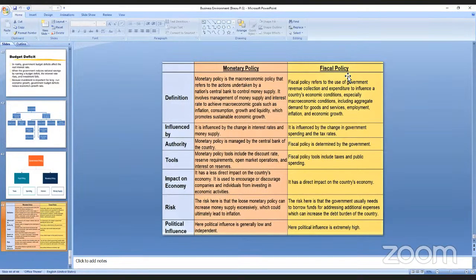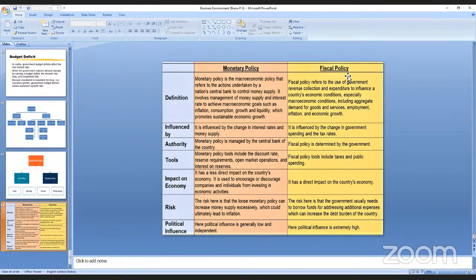The risk in monetary policy is that loose policy may increase the money supply excessively. The risk in fiscal policy is that the government usually has to borrow funds for additional expenses, borrowing money from banks, which adds to the debt burden of the country.